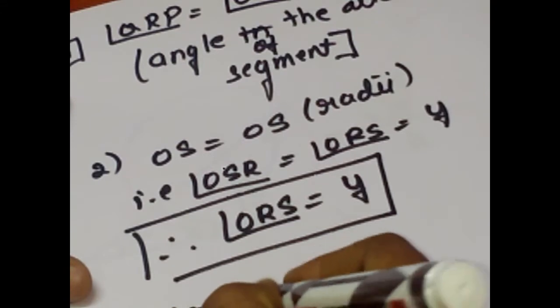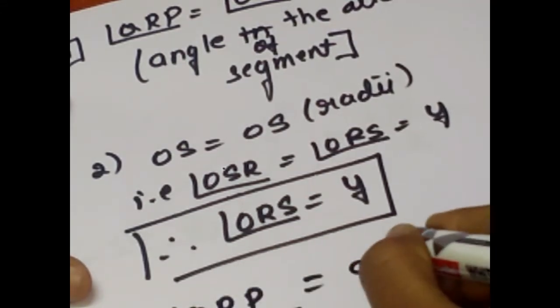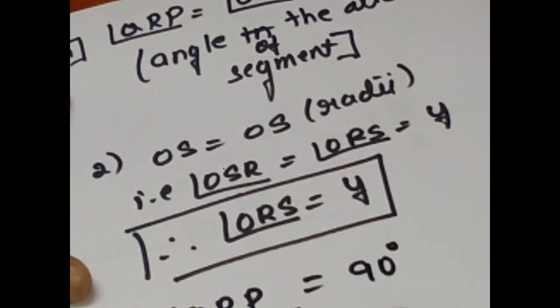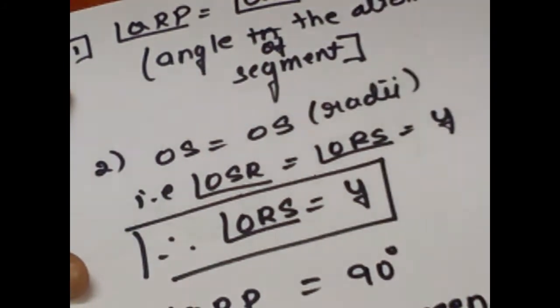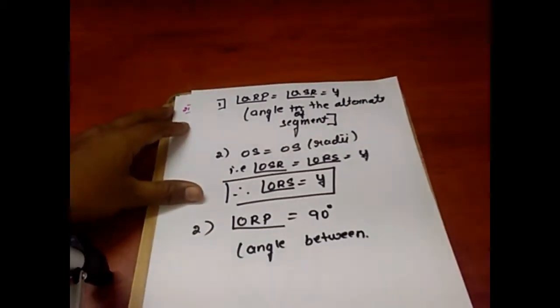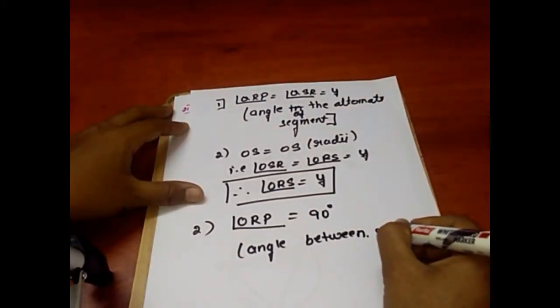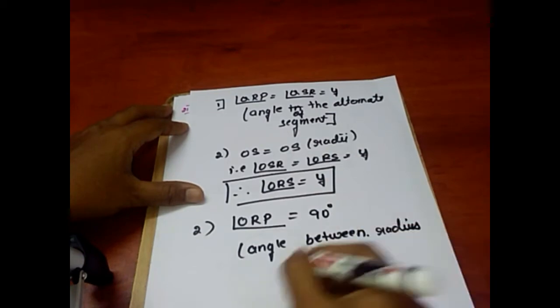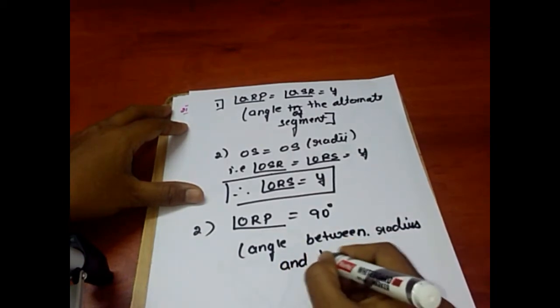Angle ORP is equal to 90 degree. Angle between radius and tangent.